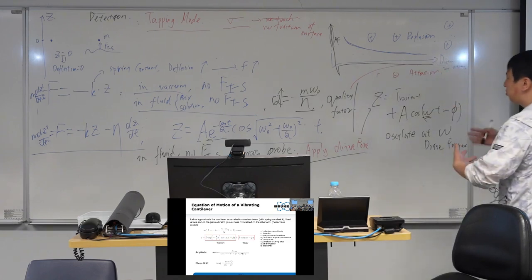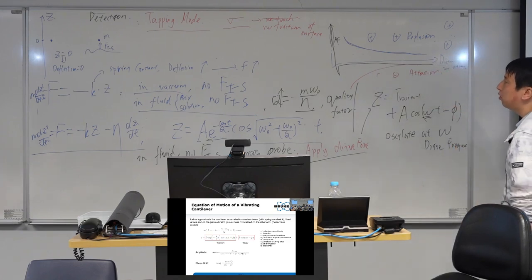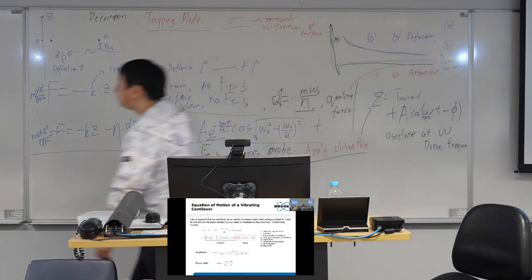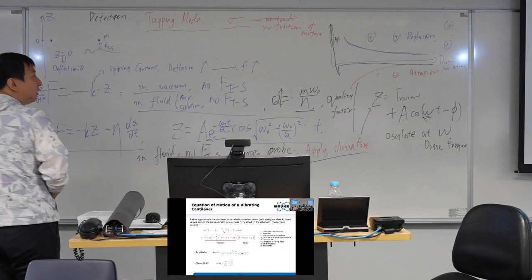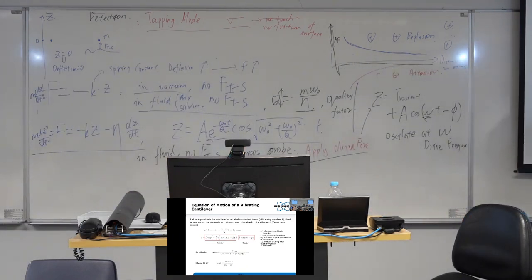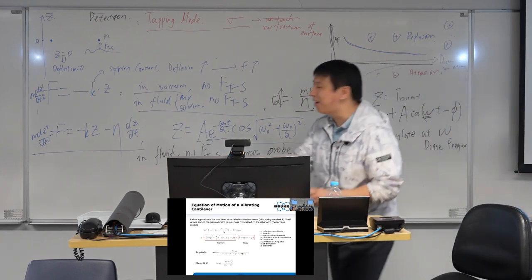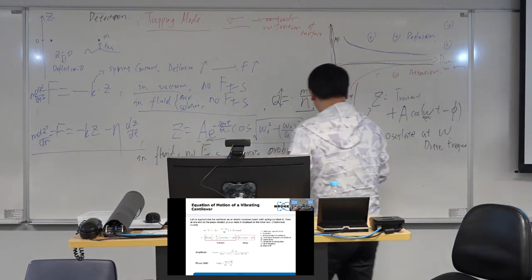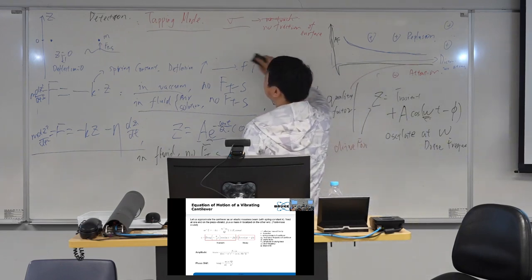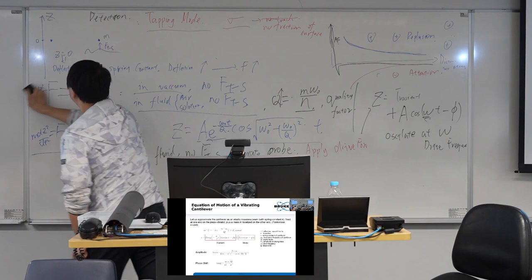So the probe will just oscillate at this fixed frequency. And then what's next? We get the solution like that. The A is equal to something like that. A little bit complex. Okay, then we can go back to this slide.